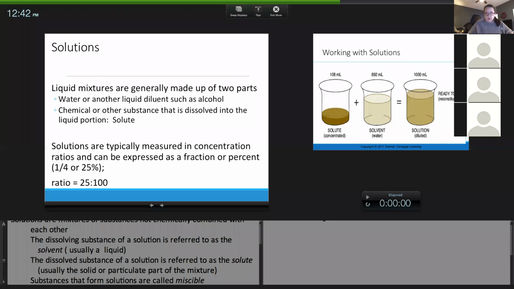Okay, so when we're talking about a solution, it's typically something being dissolved in water or an alcohol. So we need to dissolve something into a solution. The chemical is the solute, and it's being put into a solution, so the solute is being diluted out.